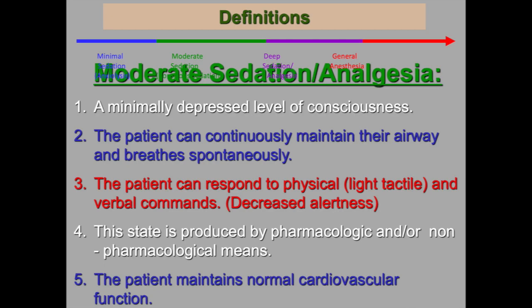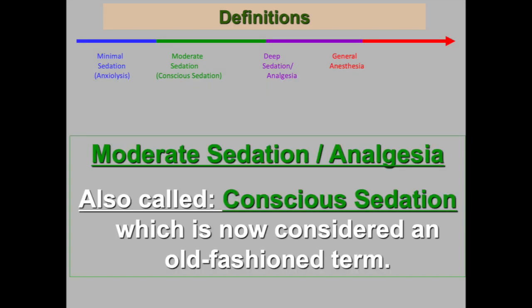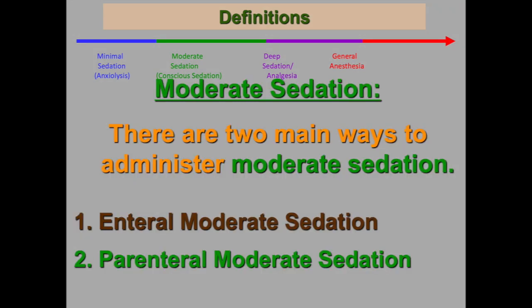So this state can also be produced by pharmacological and/or non-pharmacological means, and the patient still maintains their normal cardiovascular function. This level of sedation is also called conscious sedation, and conscious sedation really is an old-fashioned term. There are two ways that we can deliver moderate sedation, or conscious sedation, if you will, to a patient.